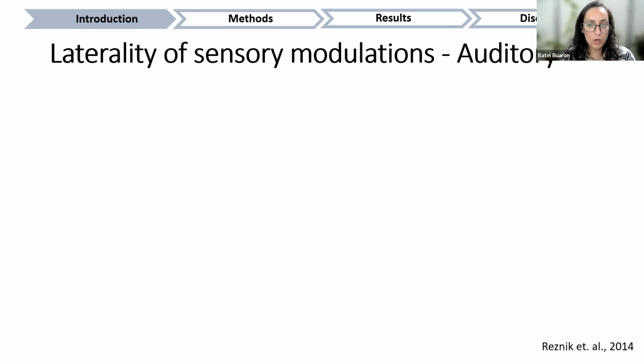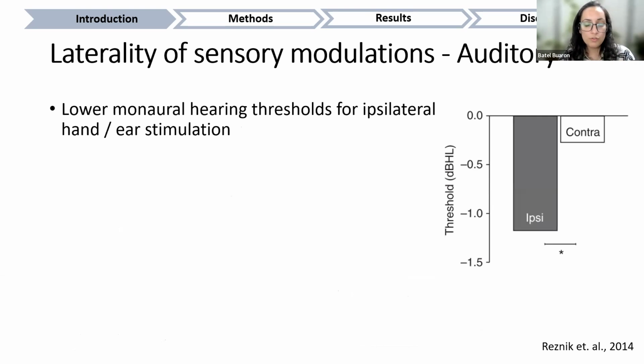And similar results were also found in the auditory modality. As I showed you before, if you check the hearing thresholds of participants, hearing thresholds were lower for stimuli that were presented to the ear ipsilateral to the stimulus triggering hand, rather than in the ear that is contralateral to the stimulus triggering hand.